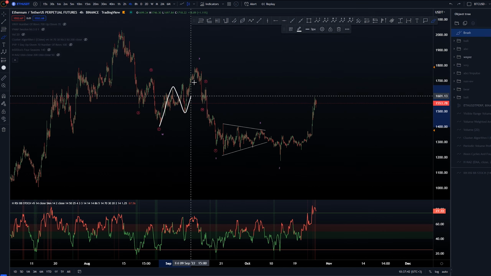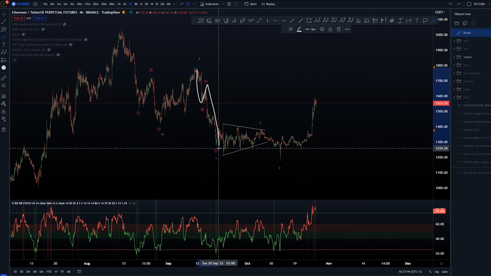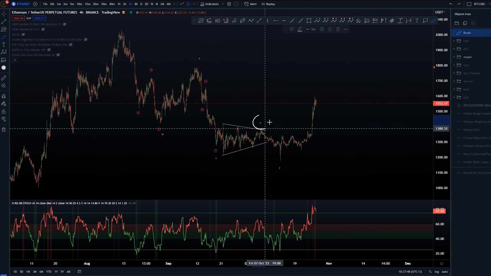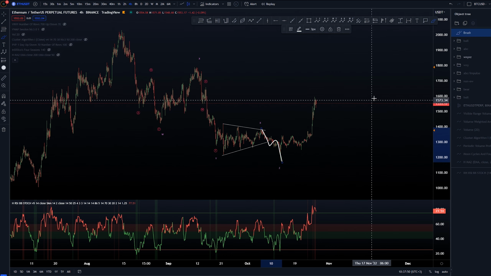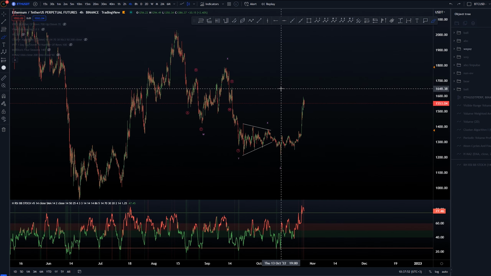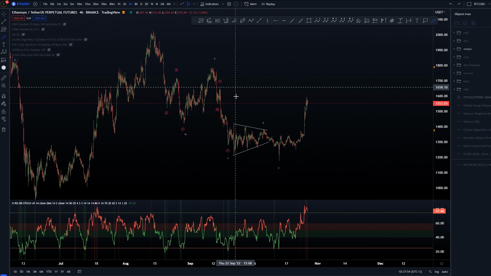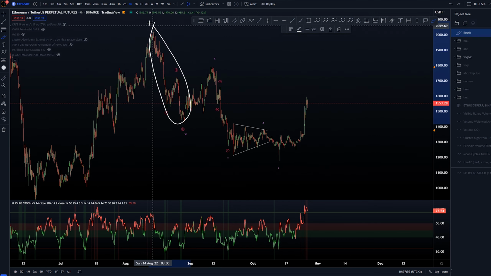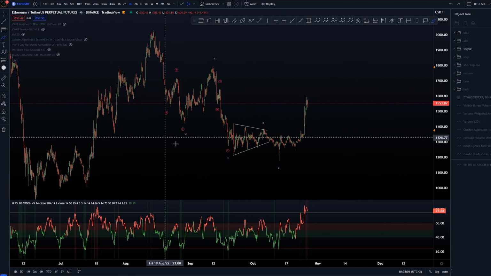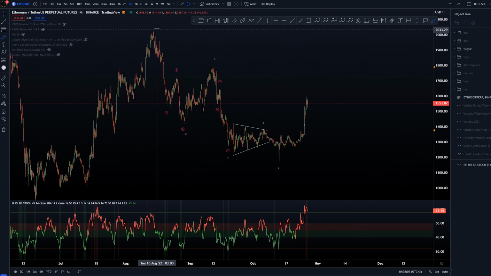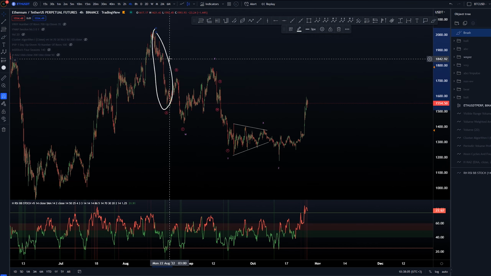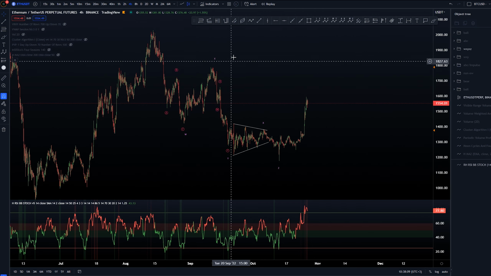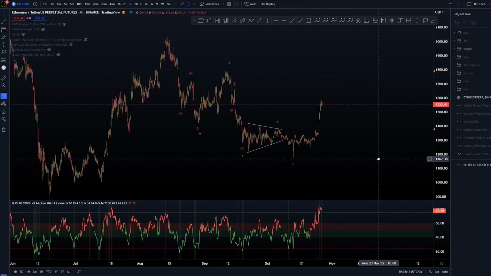ABC into W, a 3-wave structure into X, and then another WXY into wave Y, and then a triangle on X, and then a potential 3-wave structure here on wave Z. I feel like it fits a bit better, although again, this Z wave here is not too comparable to wave W, because even this wave A here is very massive in comparison to this wave Z, so it doesn't really have the right look.